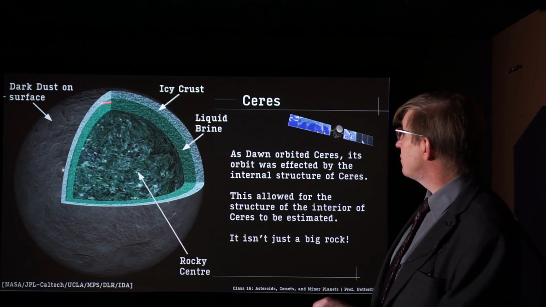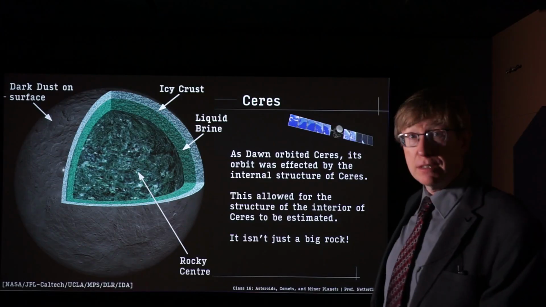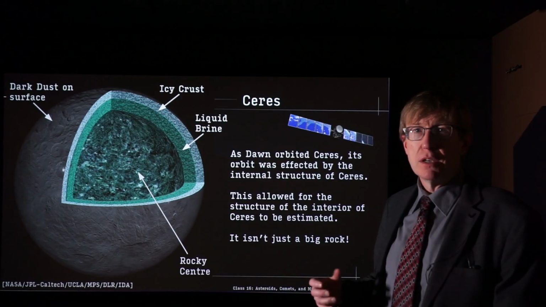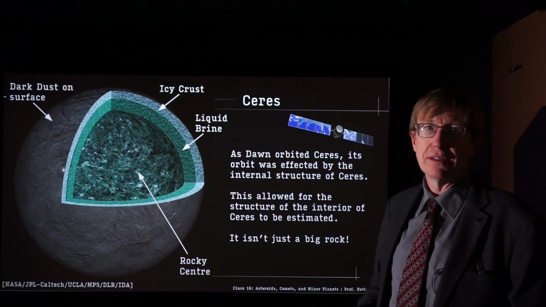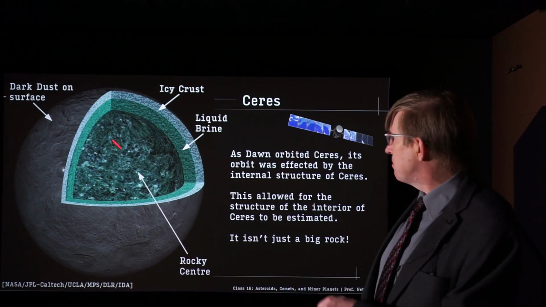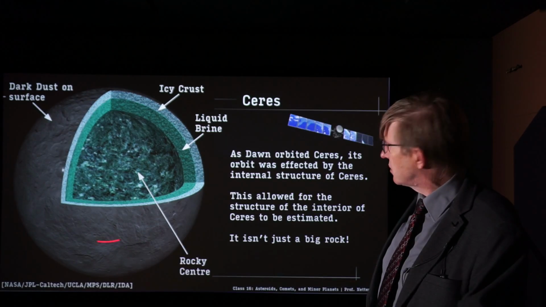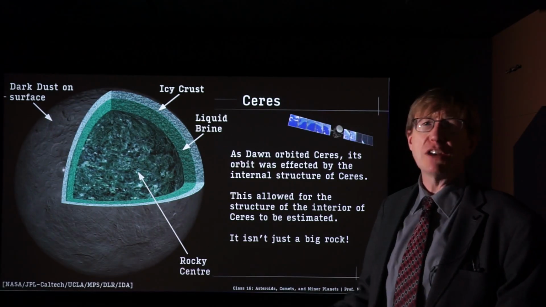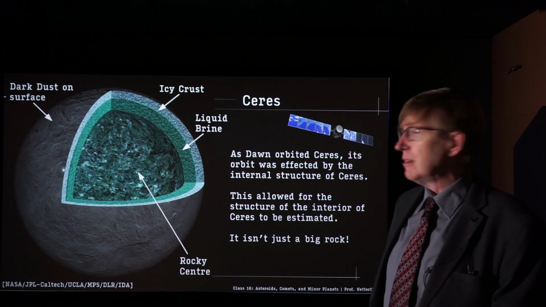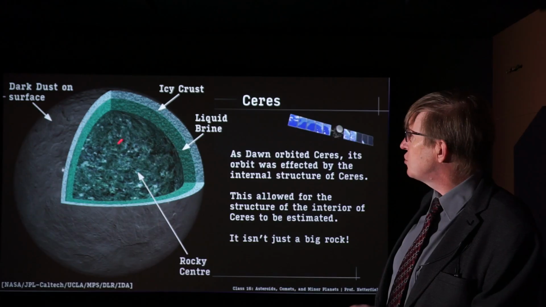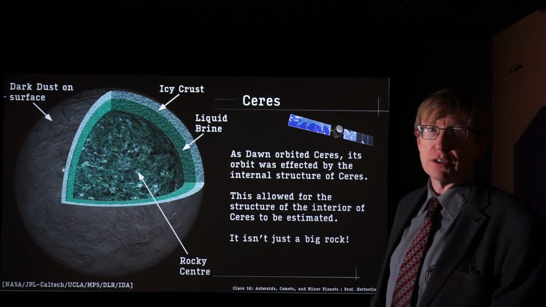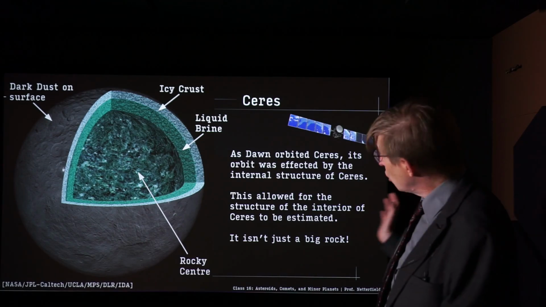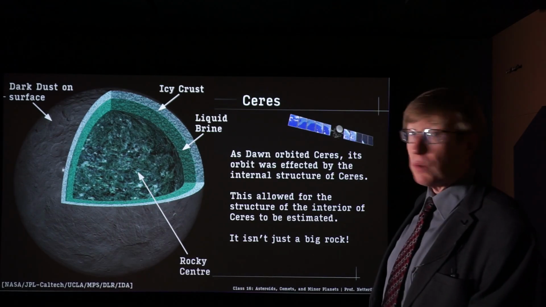What's going on here is Ceres is too massive. The force of gravity is too great to get the object to become significantly non-spherical. In fact, Ceres is right on the edge of it. It's about the smallest objects where gravity is going to win. It's called hydrostatic equilibrium. Basically, what's going on here is the force of gravity is too great for very large distortions from spherical to be maintained. Gravity is going to crush it back into roughly a sphere.